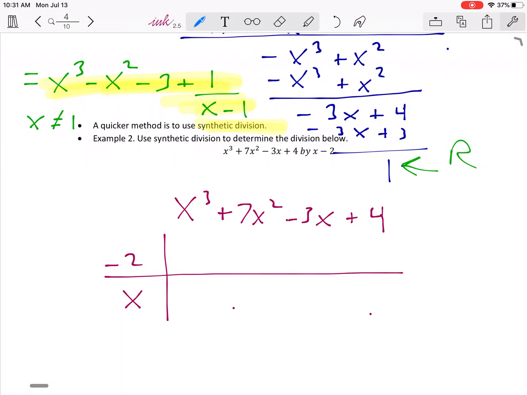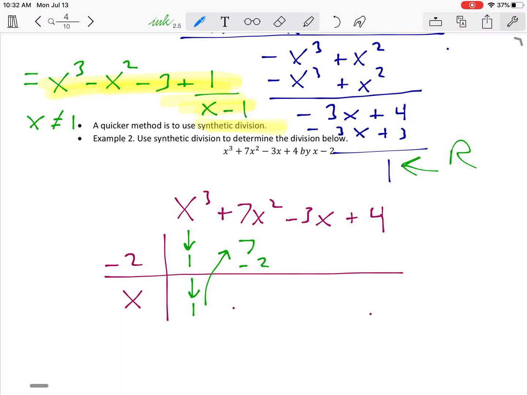If you start with the x cubed, we've got a coefficient of 1, and so that 1 just comes down. Then we've got the next one here, a coefficient of 7. And then we've got the minus 2.